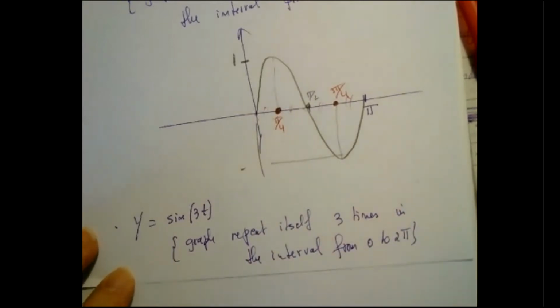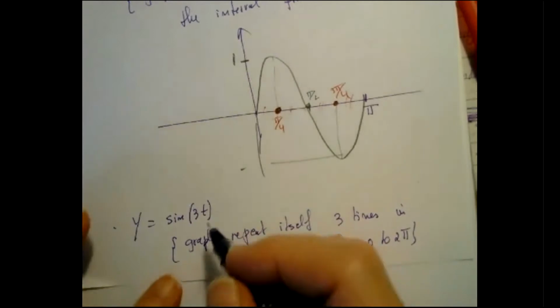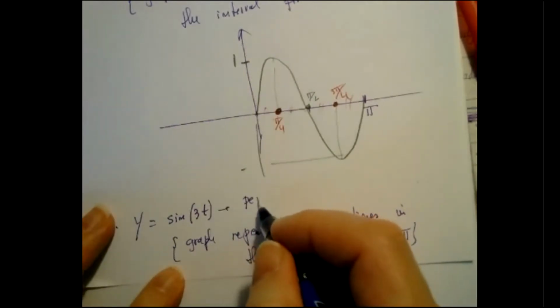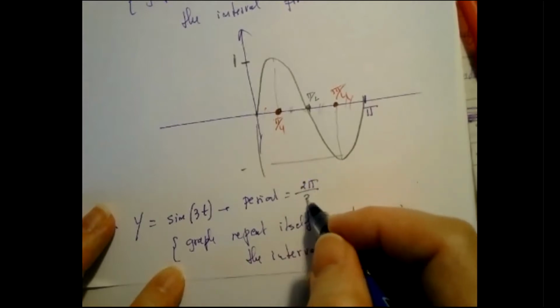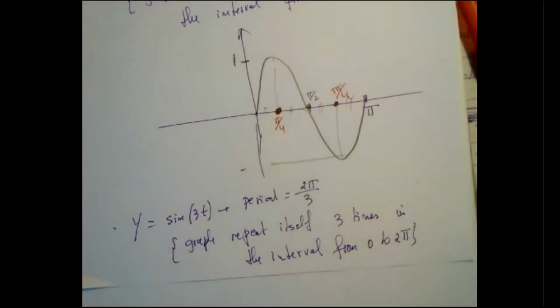Okay, so the graph repeated itself 3 times. This makes the period here 2 pi divided by 3, because that's how many times the graph repeated itself.